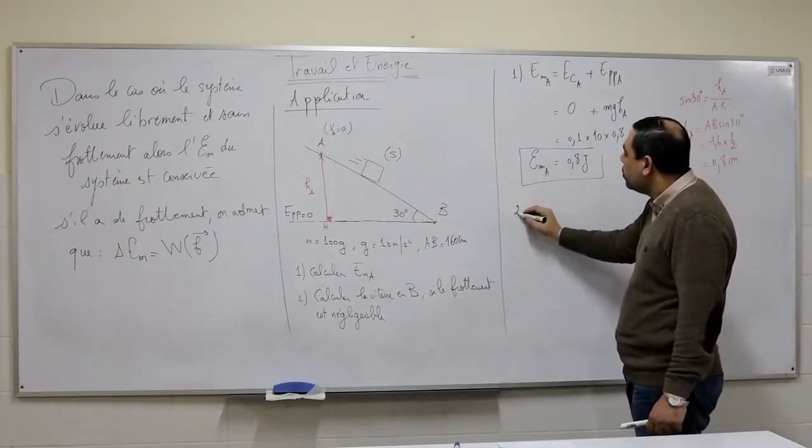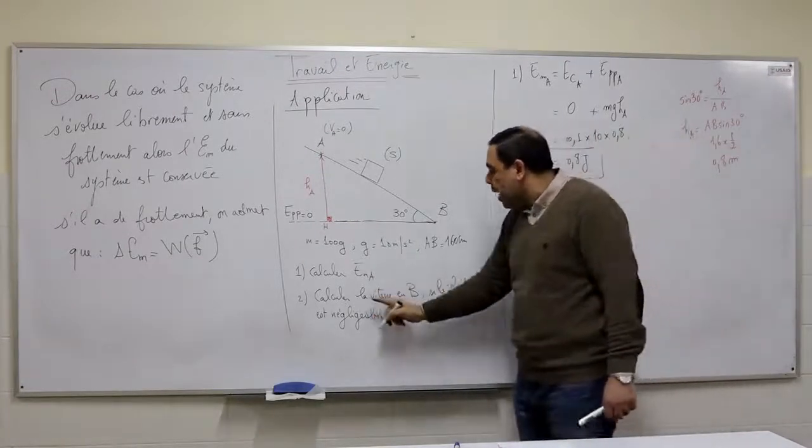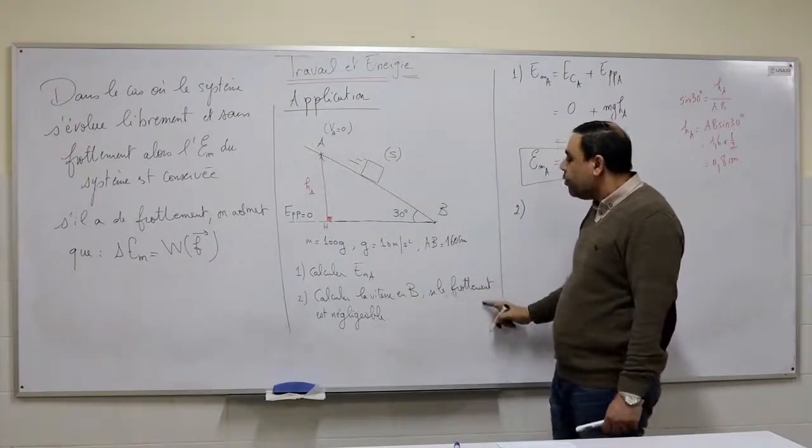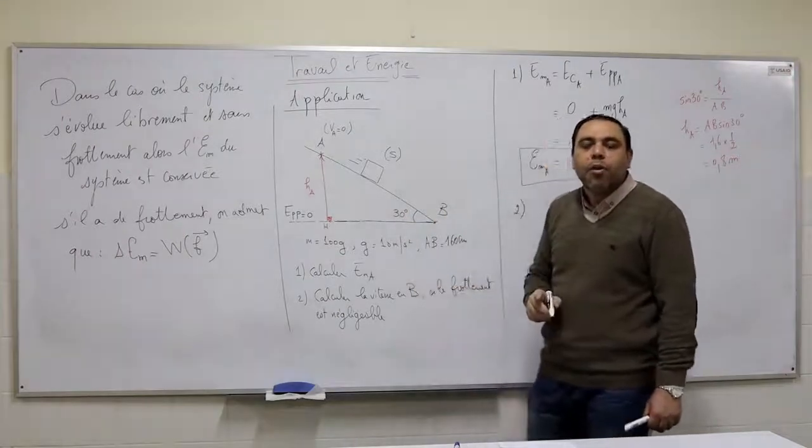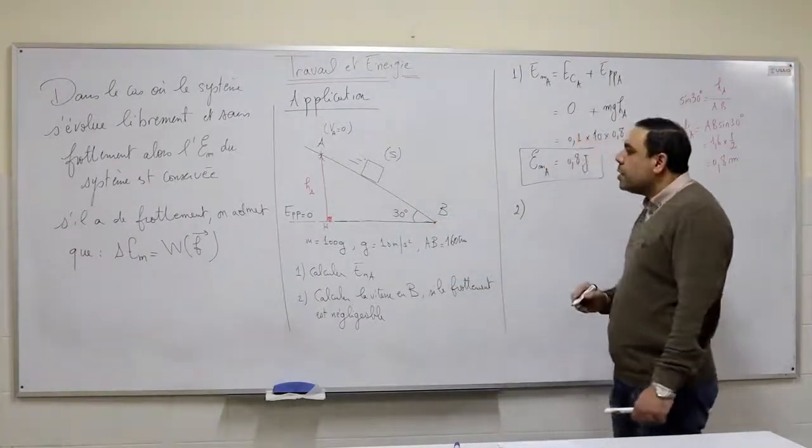In part 2, calculate the speed at B if friction is neglected. Calculate the speed of S at B if friction is neglected.